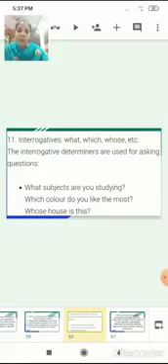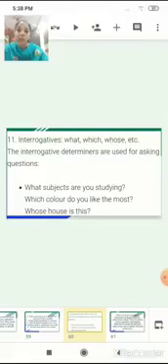Now let us consider these examples. What subjects are you studying? Which color do you like the most? Whose house is this? In each of these examples we are using interrogative determiners: what, which, whose, and they are mainly used for asking questions.